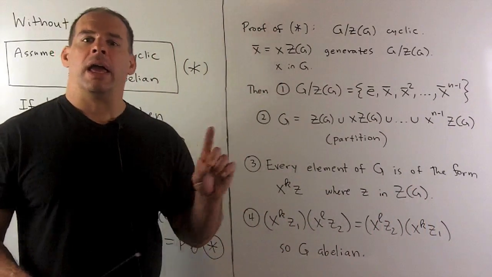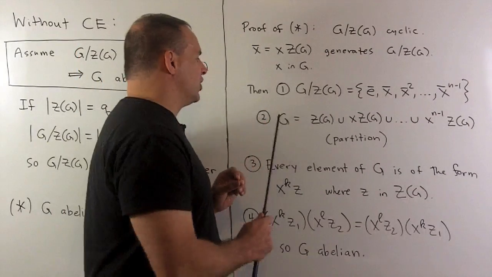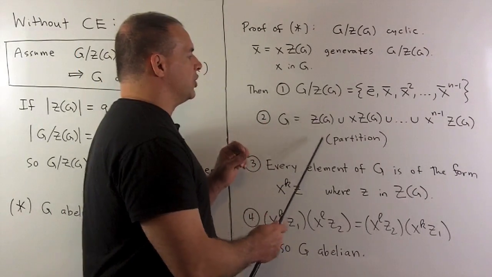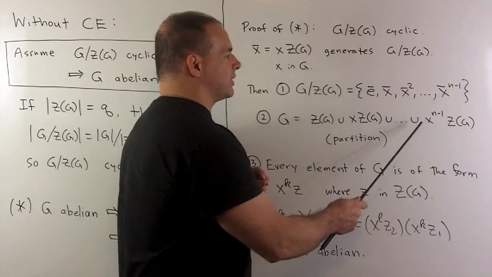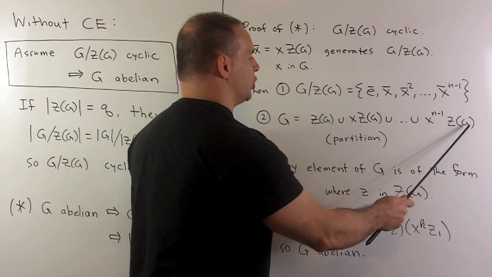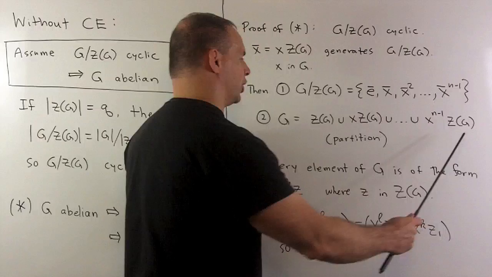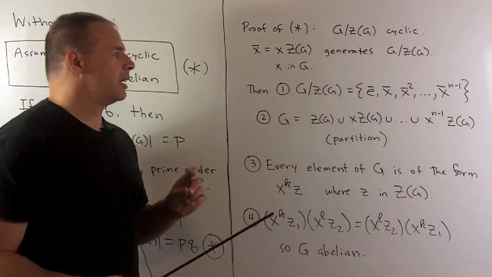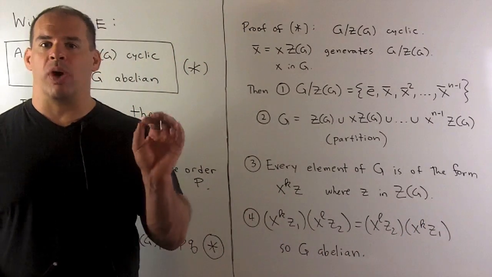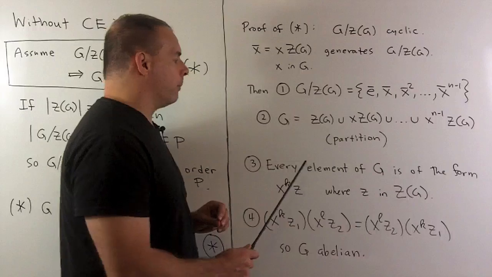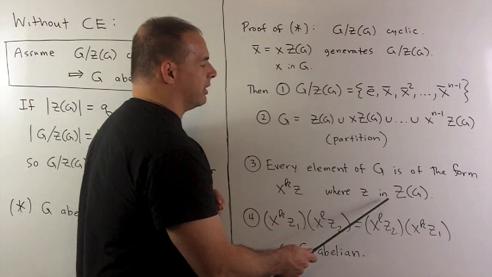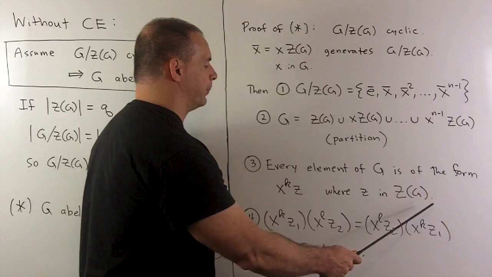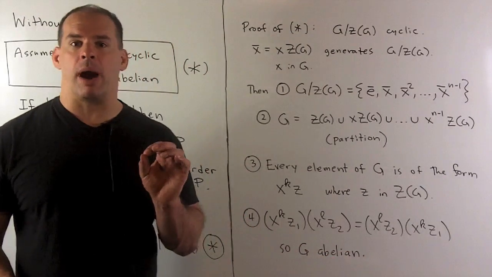Now, as a set, this says that G is equal to the center of G, union x times the center of G, all the way up through x to the n minus 1 times the center of G. This is going to be a partition. Now, that says we can write every element of G in the form x to the k times z, where z is an element in the center of G. Now, we check the abelian property.